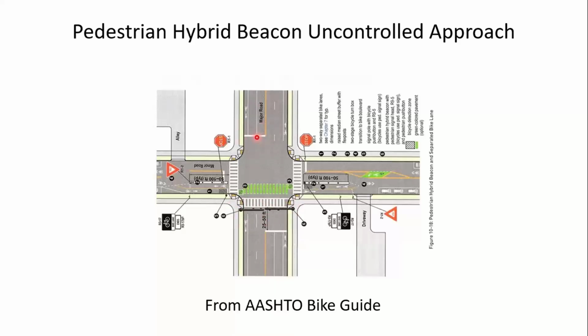Notice there's a stop line here, and of course a stop line on this approach. In fact, the MUTCD says a stop line shall be installed for each approach to the crosswalk.